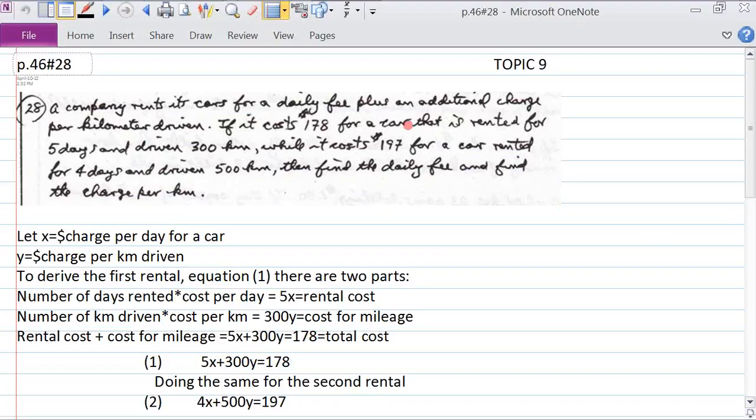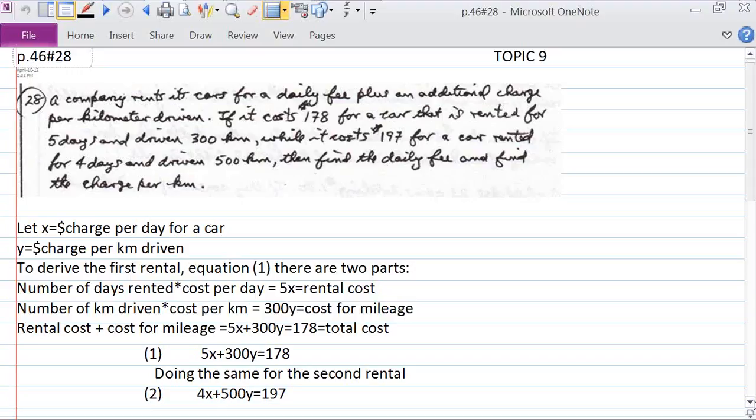Now in the second one, we're told that it's rented for 4 days. We don't know the cost per day, which is x, and it's driven 500 kilometers, and we don't know what the cost per kilometer is, so we call that y, equals 197.